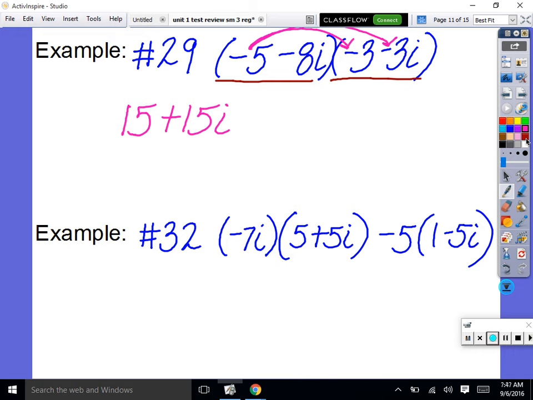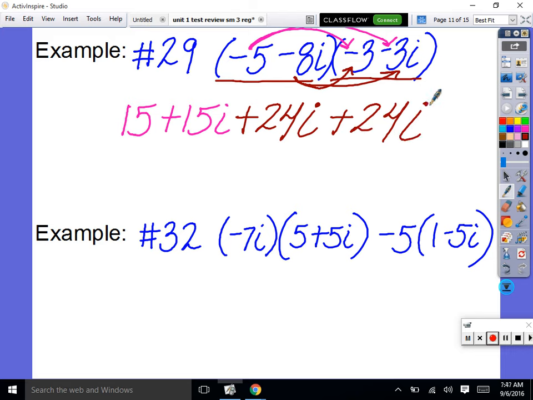Now I'm going to go underneath here and say, okay, we have negative 8i times negative 3i. Positive 24i squared. Does everybody see? That's where most people mess up. They don't do the i squared. So really, don't we have positive 24 times negative 1? Right? So that's really negative 24.